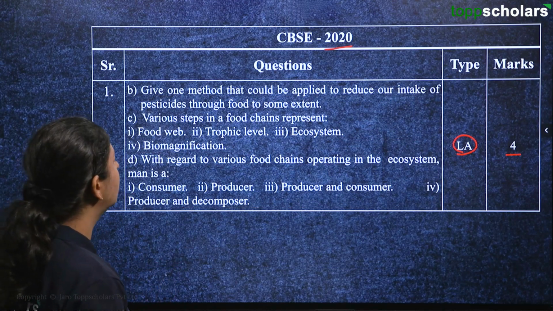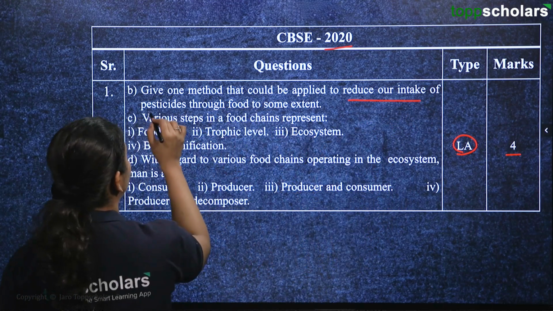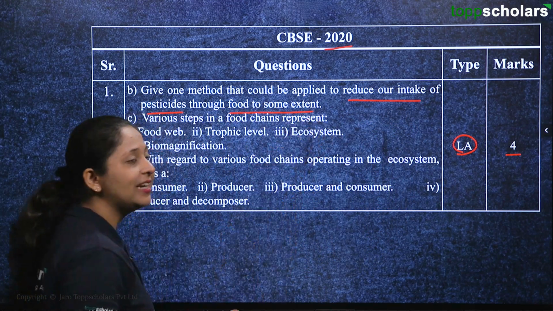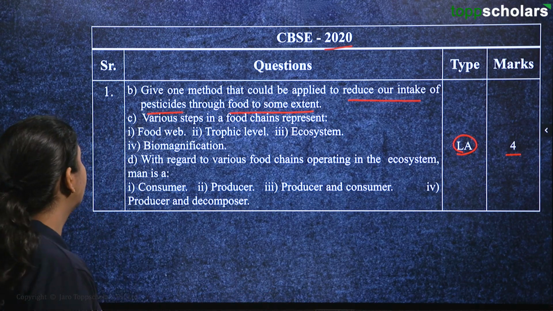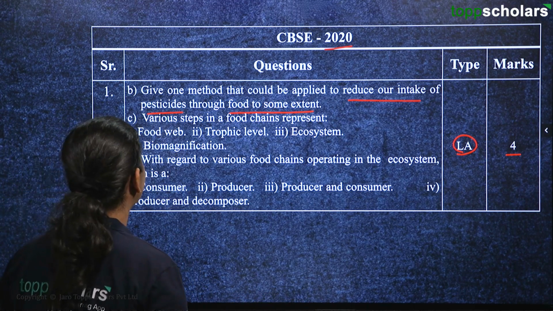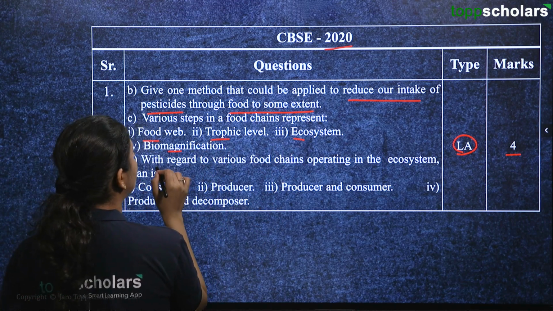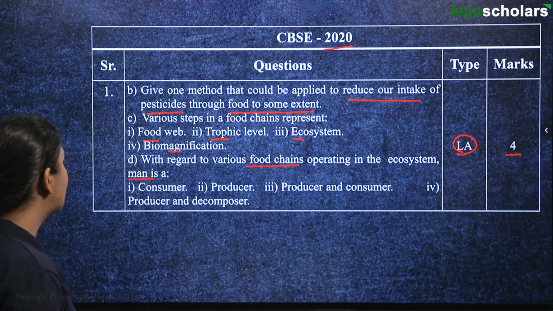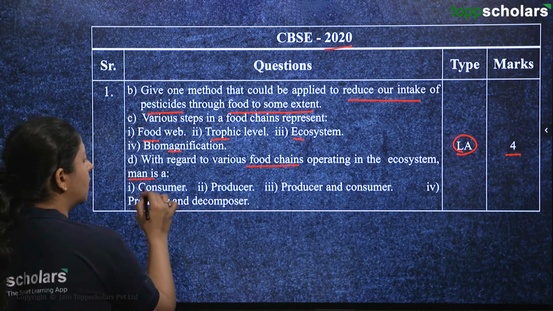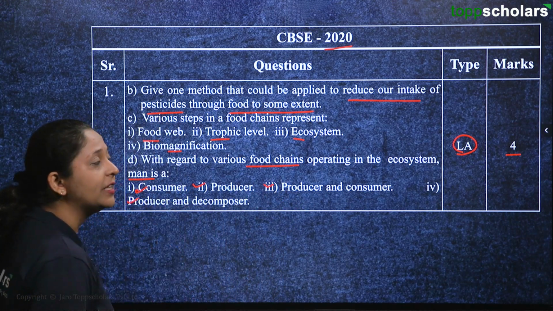Give one method that could be applied to reduce our intake of pesticides through food to some extent. What are the ways through which you can reduce it? There are various steps in the food chain, that is food web, trophic level, ecosystem, biomagnification. With regard to various food chains operating in the ecosystem, man is a what? A consumer, a producer and a consumer, or a producer and a decomposer.